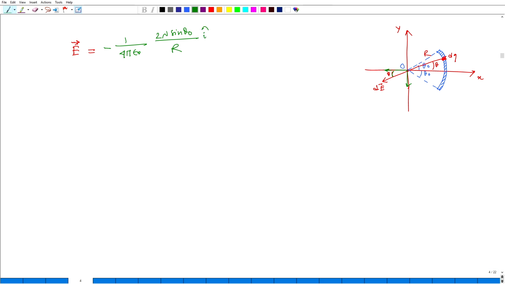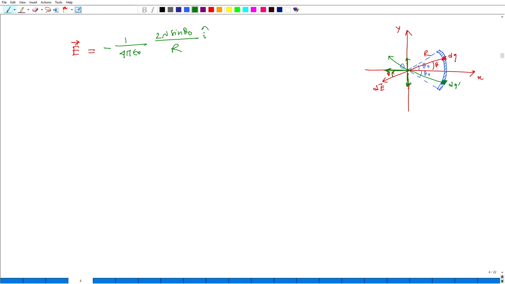Here the only non-vanishing component is the x component, and that is expected from the symmetry point of view. Due to the small charge dq, you see the x component and the y component. Similarly, if we consider another small strip here with a charge dq prime, we draw its electric field, which again has a y component and an x component.